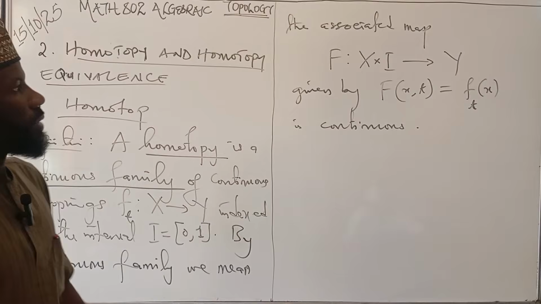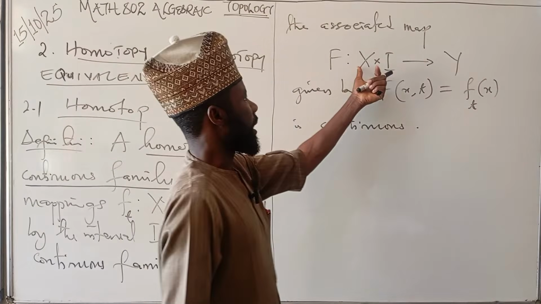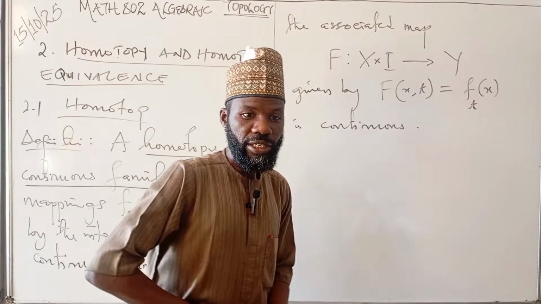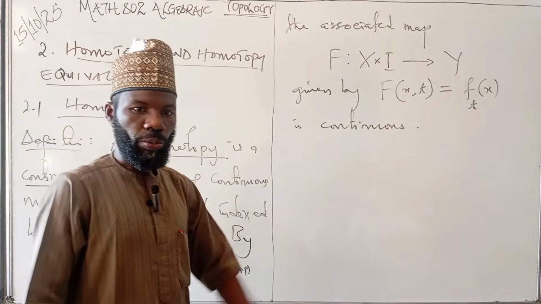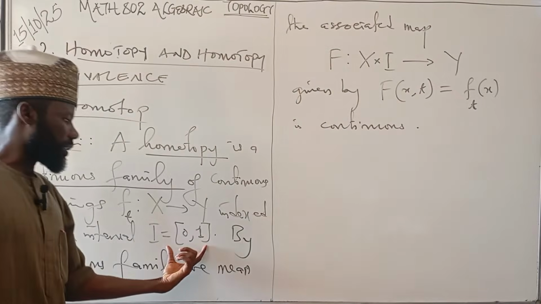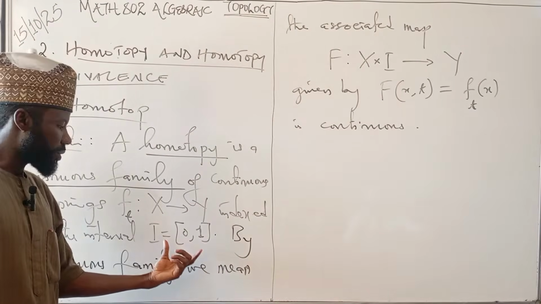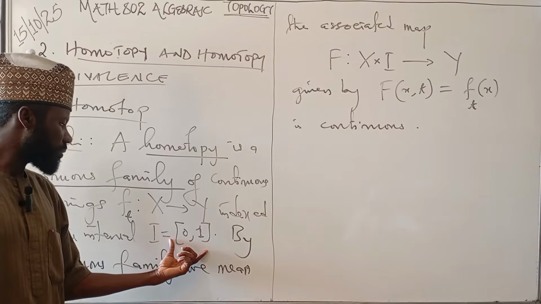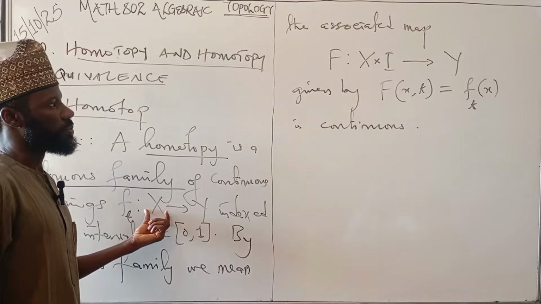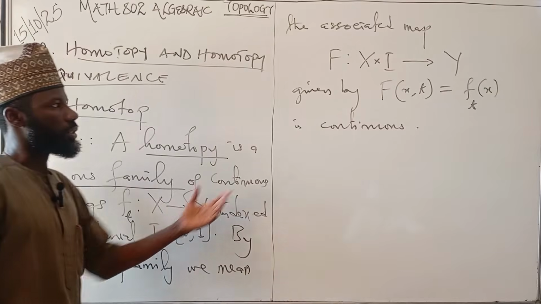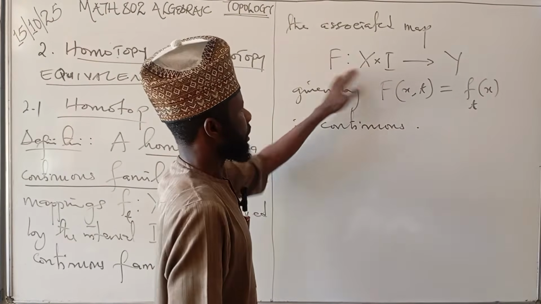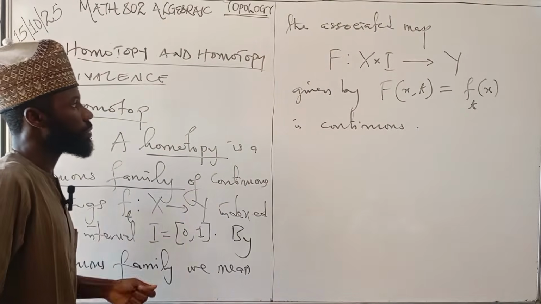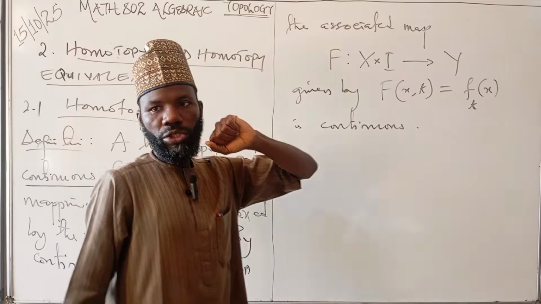Continuous in the sense that X cross I is a topological space given the product topology. So you know this one is a subset of the set of real numbers, so it has the subspace topology or relative topology. Now this one already is a space with its own topology. So you can think of the product topology. With respect to the product topology, you already have a topological space as the input, so we have a continuous map.